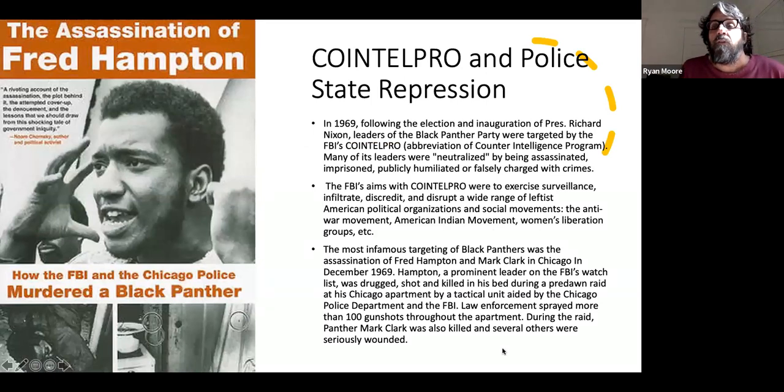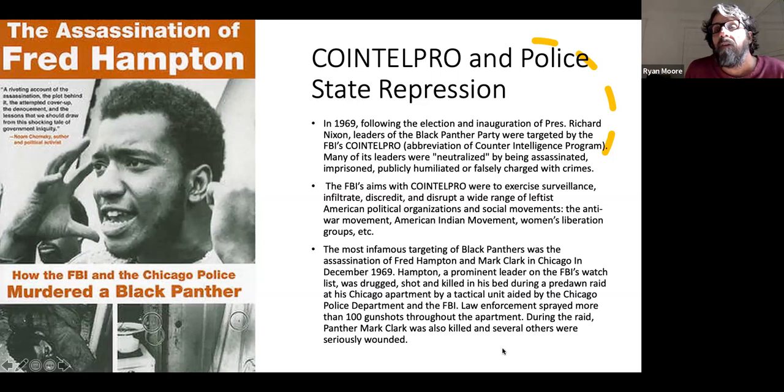But as the Panthers started to grow in the late 1960s, there was a huge repressive response on the part of the United States government and all sorts of local police departments, especially starting after the inauguration of President Richard Nixon.